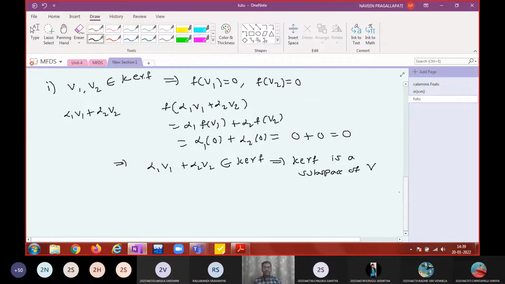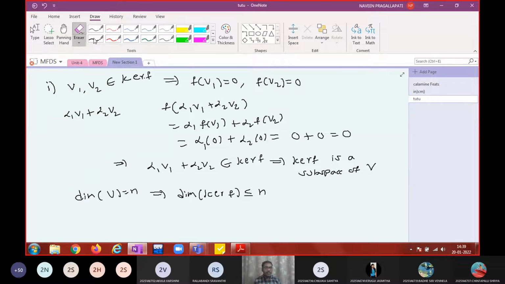Kernel f is a subspace of V. So if I say dimension of V equal to n, obviously dimension of kernel f is always less than or equal to n, because subspace dimension cannot exceed the original space. So that is intuitively clear.